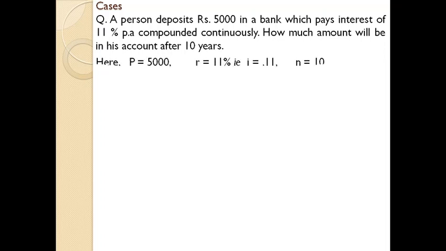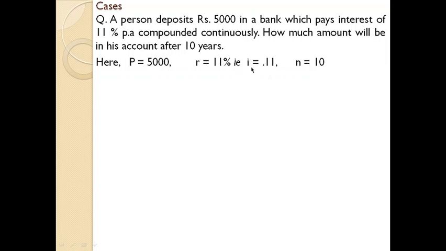So let's extract the details given in the question. Here the principal amount is 5,000, and the rate is 11%. Remember, as per the equation we use the letter I to mean interest. Rate and interest can be used synonymously, but usually R is 11%, and I is 11 by 100, which can be written as 0.11.